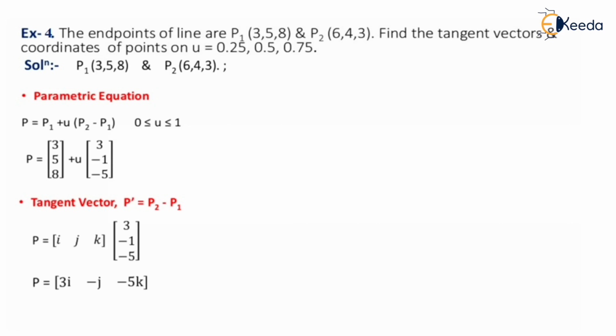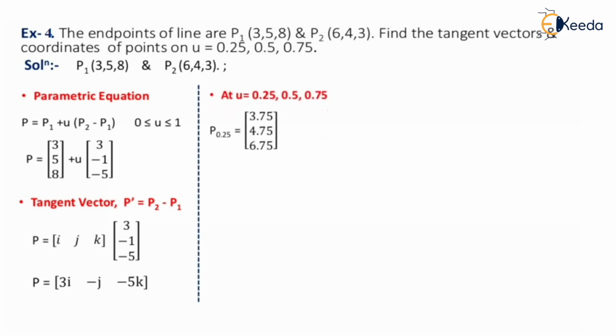So we need to plot this on a line. Before that, we will find the P point at 0.25. Here it is a very simple calculation. We have to put the u value as 0.25. So 0.25 into 3 is 0.75. 0.25 into minus 1, that is minus 0.25.